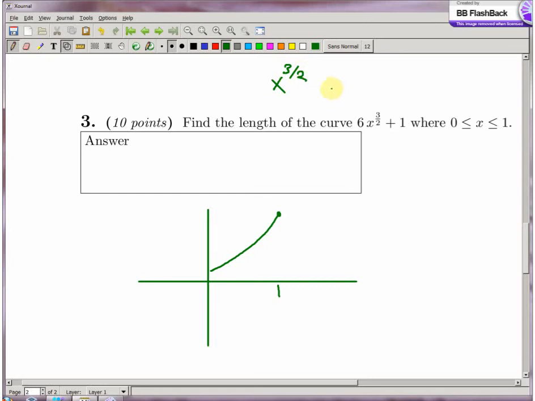I was reading a history of math book the other day, and I found out why it has that weird name. They used to think of x to the k for any number, you could call it n instead of k if you want. No matter what this number was, they called it a parabola, like a generalized parabola.